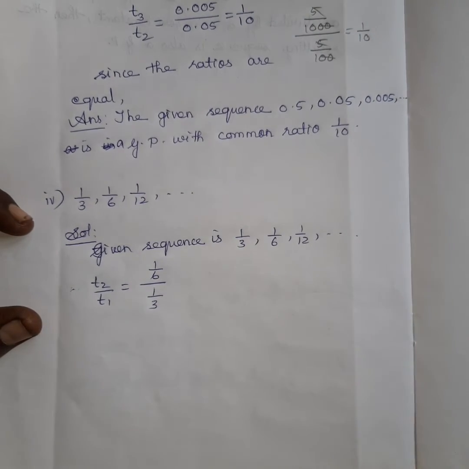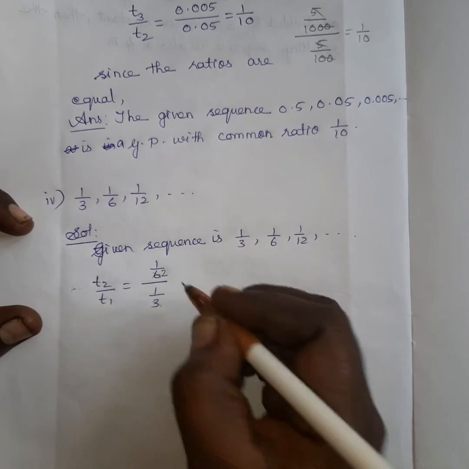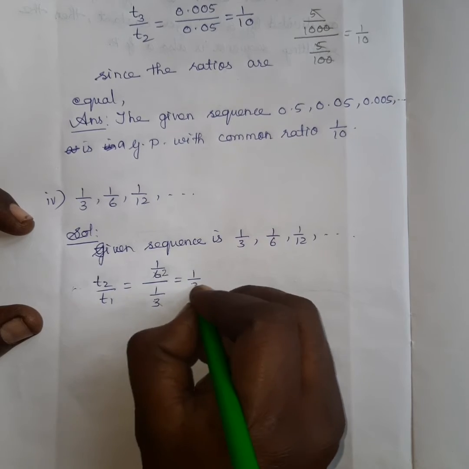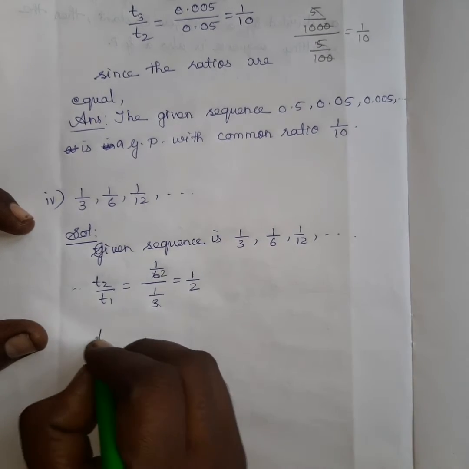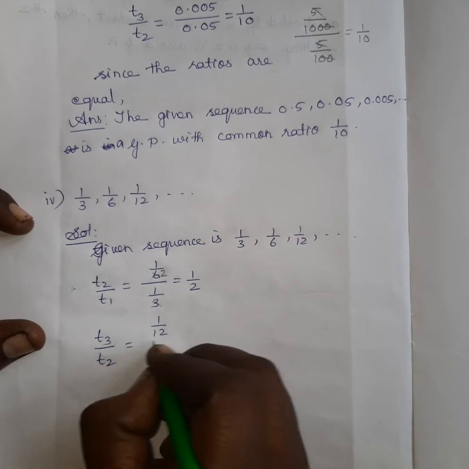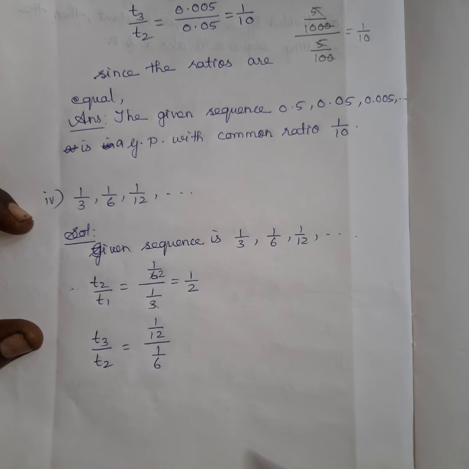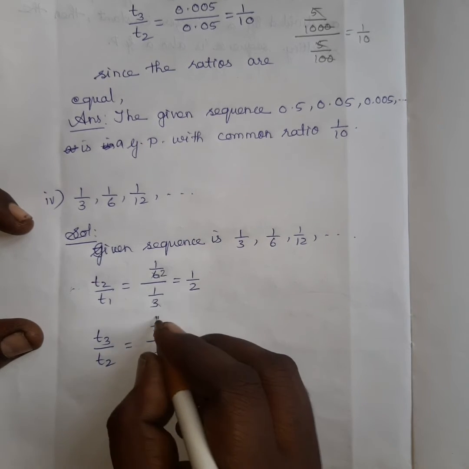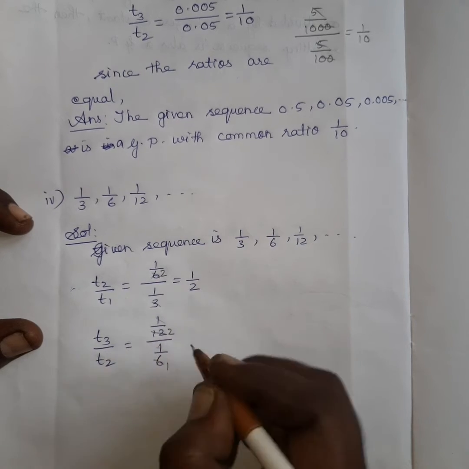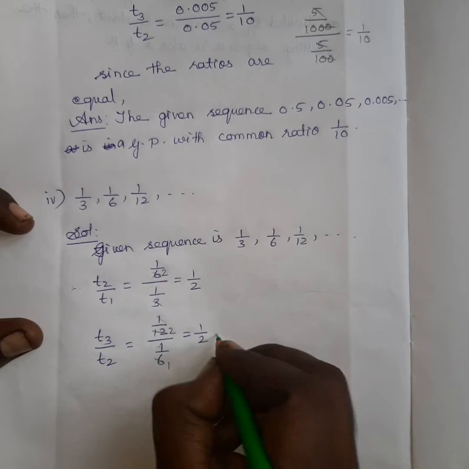What is the value here? Here itself you can cancel 3 and 2, 6. So 1 by 2 into 1, you get 1 by 2. Next, T3 divided by T2, that is 1 by 12 divided by 1 by 6. Here you can cancel: 1 6 is 6, 2 6s are 12. Here also you get 1 by 2.